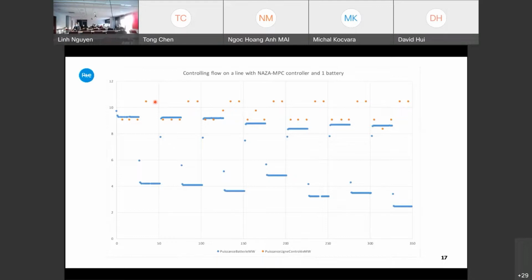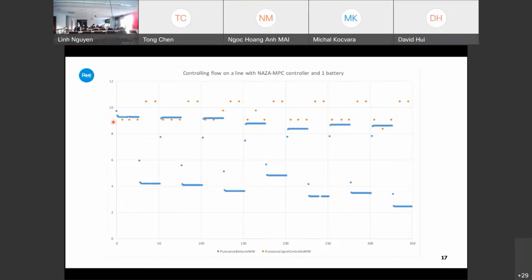This line was monitored; it was a test, and thanks to some bug in my software, the battery oscillated. So we send this order, then this order, then this order. What is interesting here is to see that the flow on the line, which is monitored, takes only roughly 2 values. We have discrete values on the measurement of the flow.